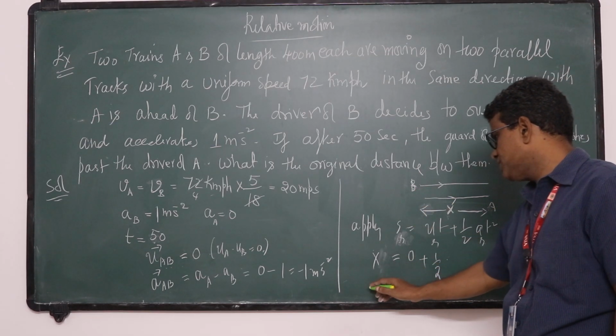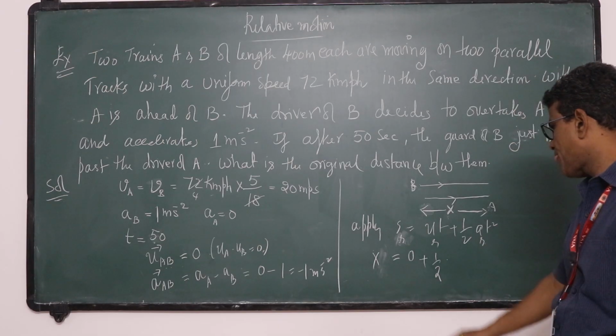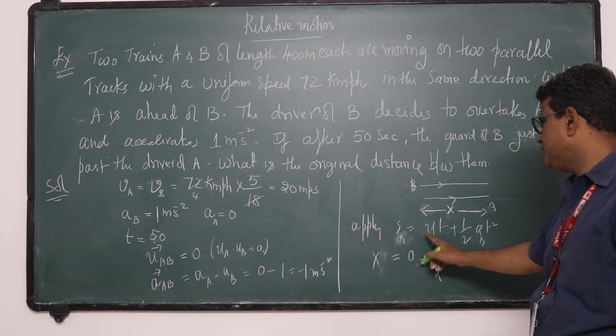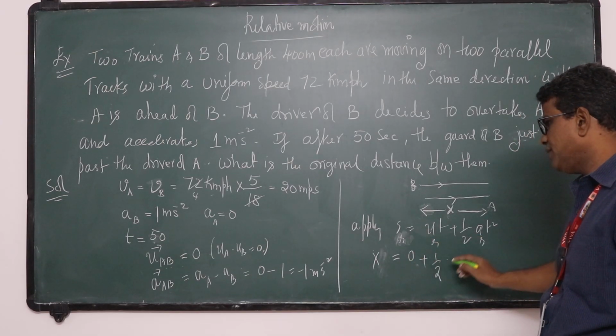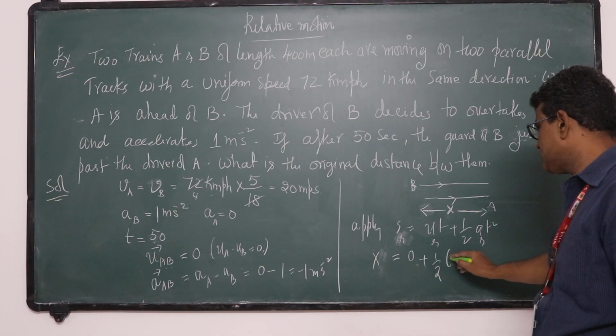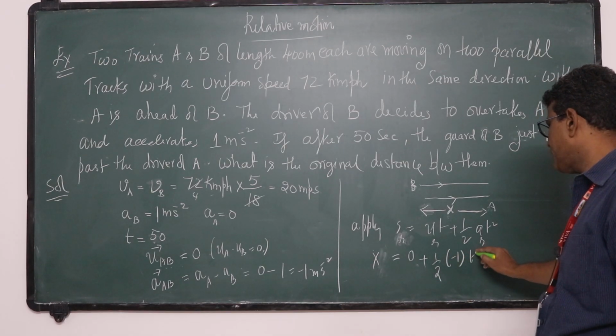The initial relative velocity is 0, half, acceleration is minus 1, into t squared.